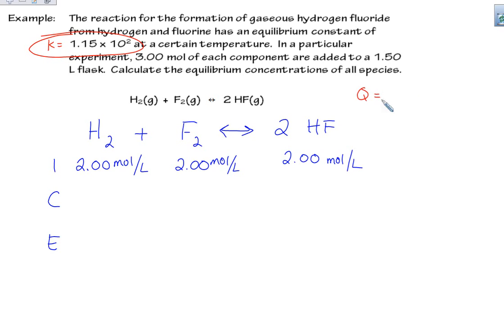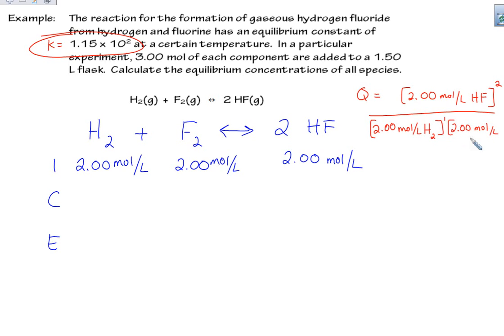So we're going to have products: 2 moles per liter of HF squared, check the ratio from the balanced equation, all over 2 moles per liter of hydrogen to the first, and 2 moles per liter, and this is the fluorine, and that's to the first. Well, that's easy. 2 squared over 2 times 2 is 1.